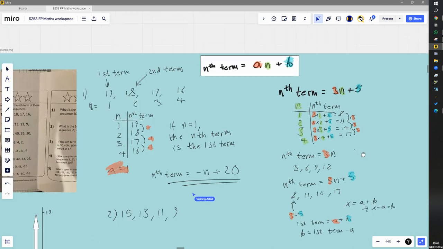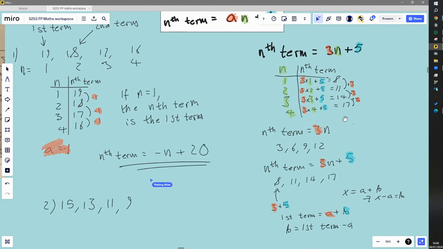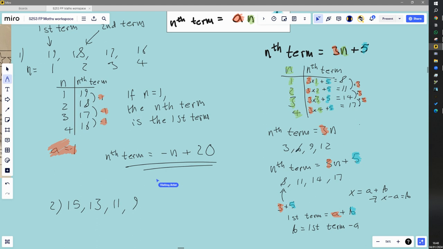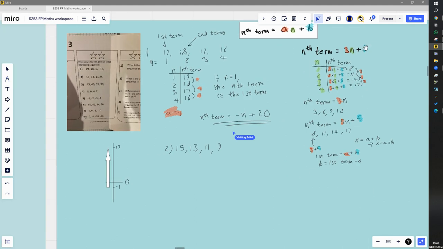Now, to work out what the 5 is, we imagined that if the nth term was simply 3n instead of 3n plus 5, then it would be 3, 6, 9, 12. But the sequence was in fact 8, 11, 14, 17. So we needed to add 5, and that's how we see that the b value is 5.